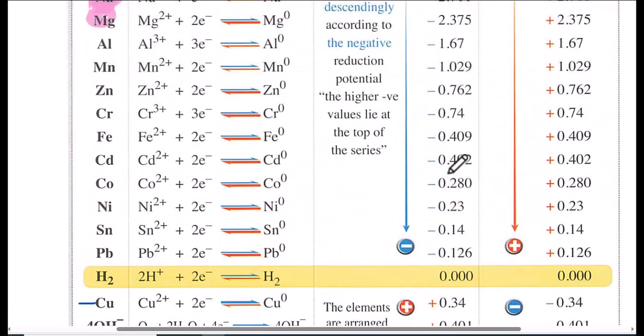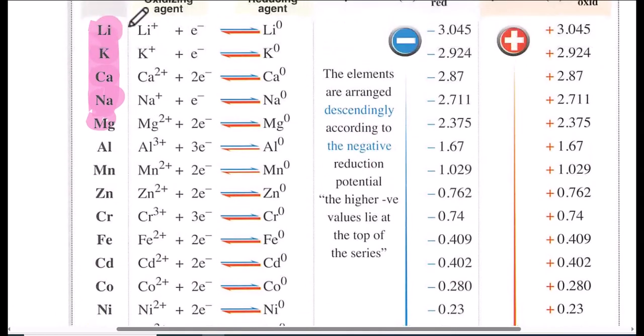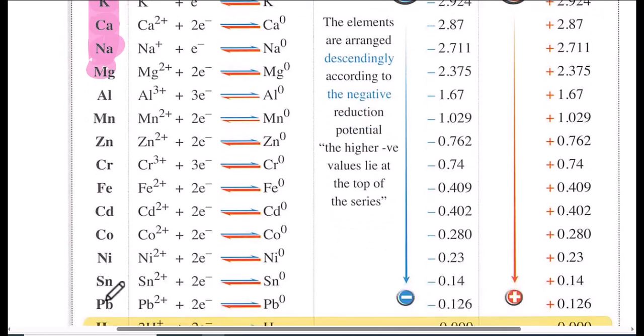We have to know that the elements in group 1A and 2A in the periodic table, like lithium, potassium, calcium, sodium, magnesium, and group 3 also, are the more active elements and metals, and they have the highest oxidation potential in the electrochemical series. Afterward, the transition elements like manganese, zinc, chromium, iron, cadmium, cobalt, nickel, tin, and lead.